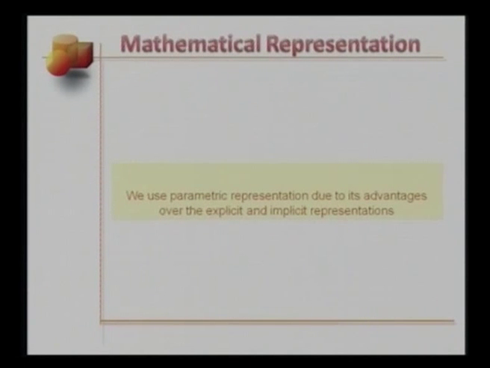Bottom line, number one, we prefer to use parametric representation due to its advantages over the explicit and implicit representations. Number two, we prefer to use low degree curves to minimize unwanted oscillations.